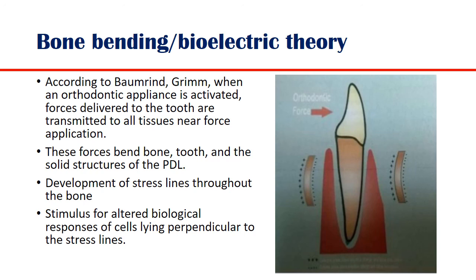When they stretch, they will pull the alveolar bone surface with them, and a concavity will be formed, because there will be thinning of that alveolar bone on the lingual side. While on the buccal side, there will be a pileup of the periodontal ligament structures, so you will see a convexity. The negative sign here indicates bone formation, and the positive sign here indicates resorption.